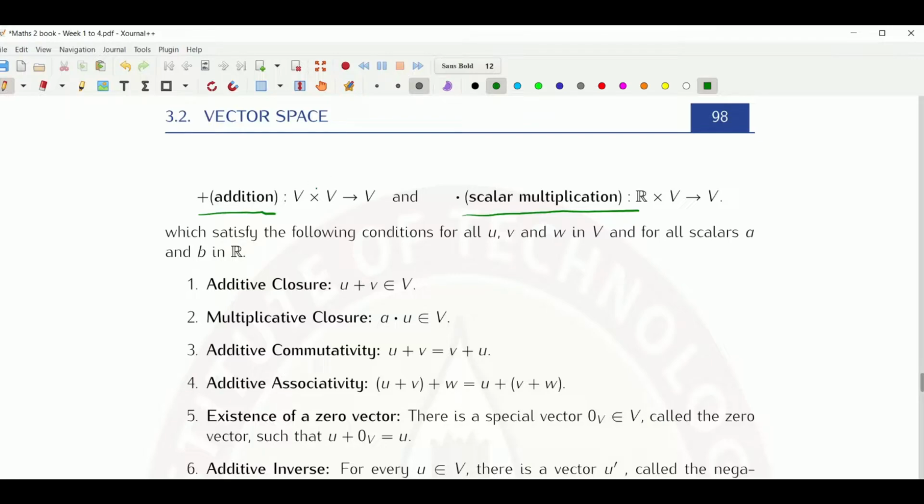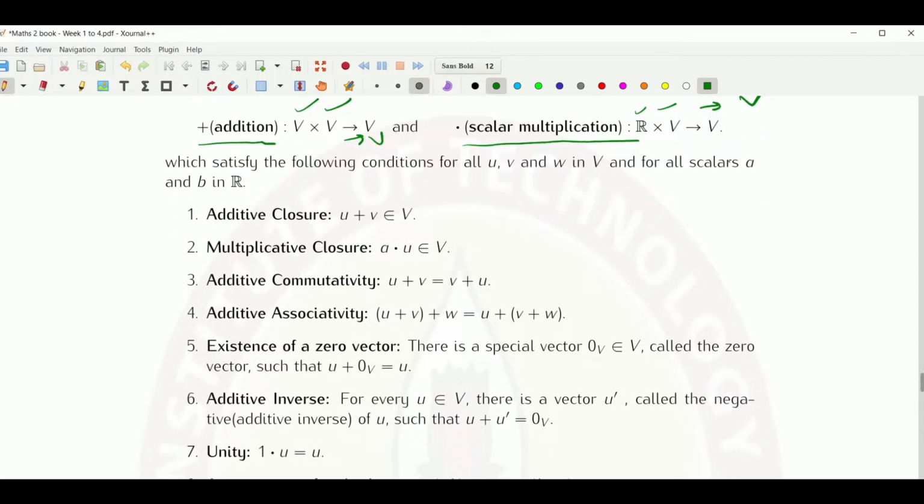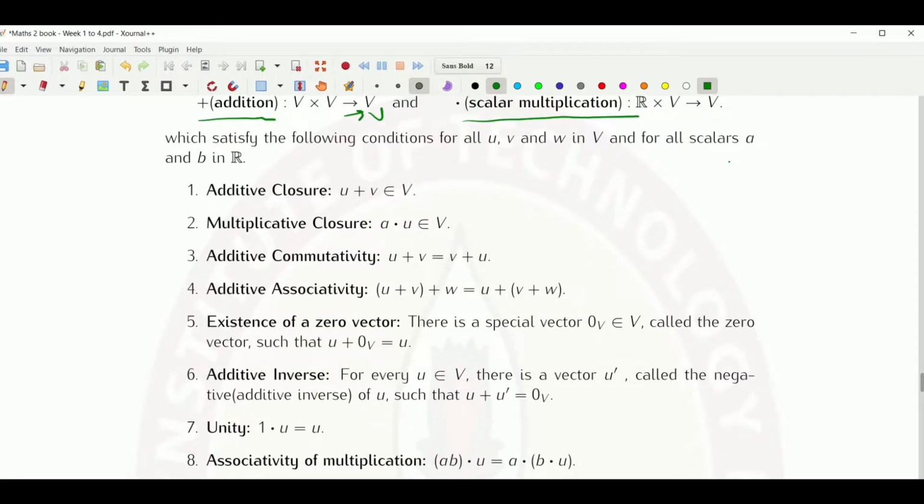Addition over V, output is V, and scalar multiplication R over V gives V, which satisfies the following conditions for all u, v and w in vector space V and for all scalars a and b in R.